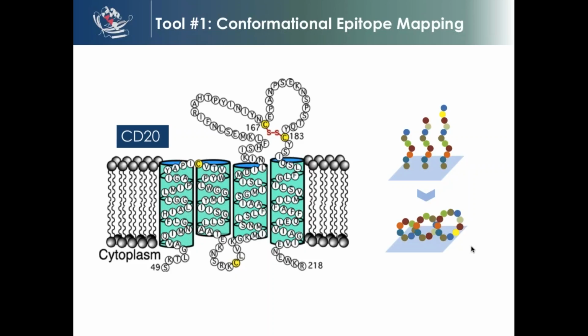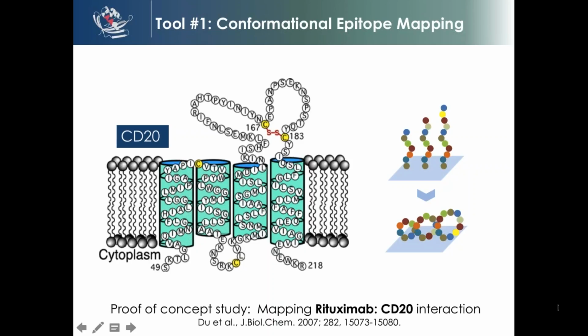So if you're wondering, gee, does that really work? The answer is yes. We have had this on the market for about a year now. We have a number of customers that have used this assay successfully, and we also have a proof of concept case study that I'll briefly go over. You might be familiar with rituximab.